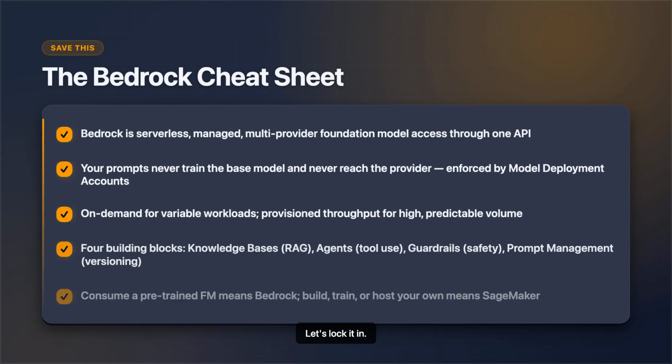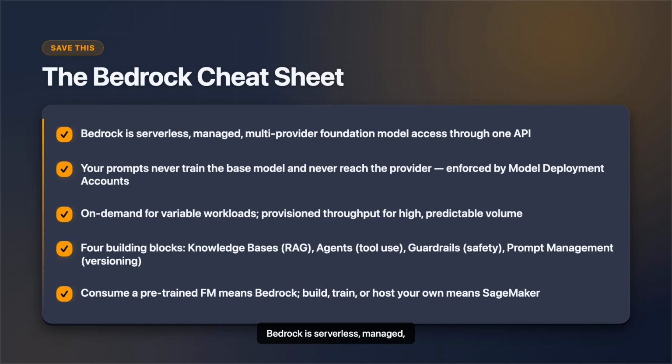Let's lock it in. Bedrock is serverless, managed, multi-provider foundation model access through one API. Your prompts never train the base model and never reach the provider, enforced architecturally by model deployment accounts. Choose on demand for variable workloads and provisioned throughput for high predictable volume.